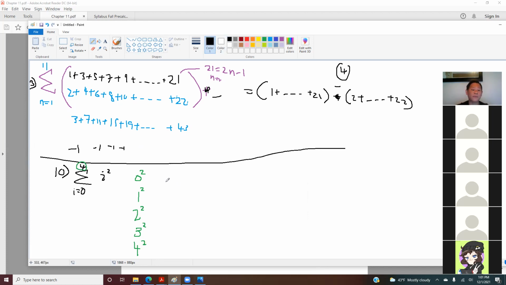Then figure out what 0 squared is, what 1 squared is, 2, 3, 4 squared, and after that you sum them up. So 0 squared is 0, 1 squared is 1, 2 squared is 4, 3 squared is 9, 4 squared is 16. And don't forget, add them up. So what do you get when you add all this up?